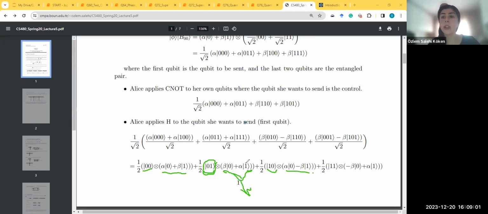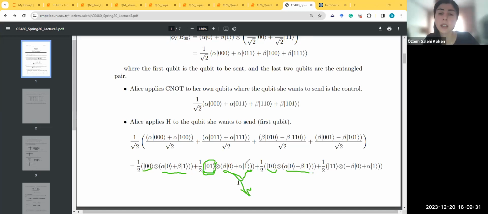Therefore, in this protocol, Asya also needs to send the measurement results. She makes the measurement, and then she tells Balvis, hey Balvis, I got 0, 1. Then Balvis knows that he needs to apply some more operation to get the exact quantum state. For instance, in this case, Balvis needs to apply an X gate, because then he will exactly get alpha 0 plus beta 1.